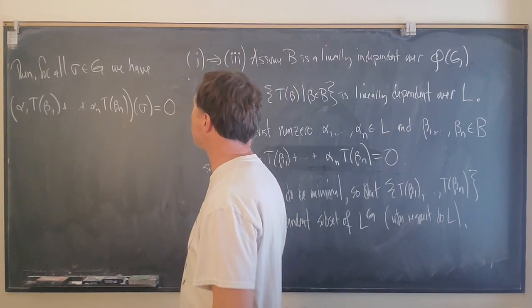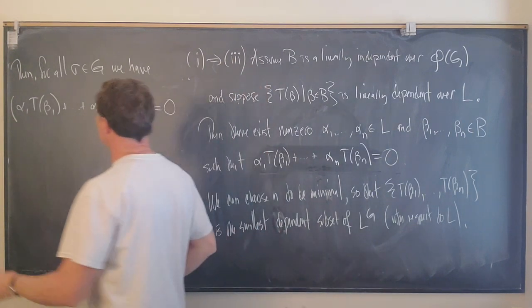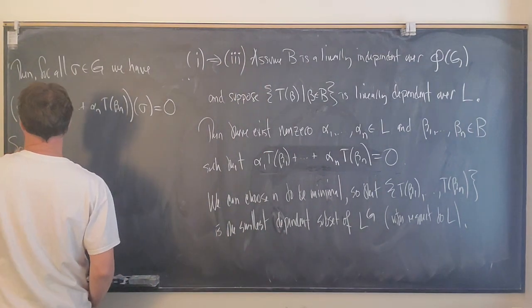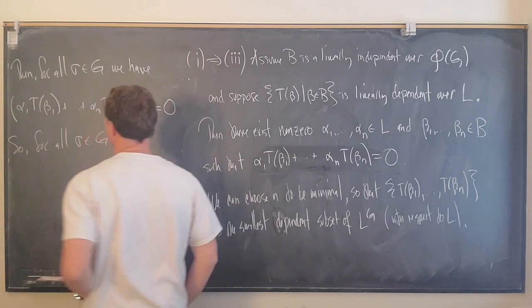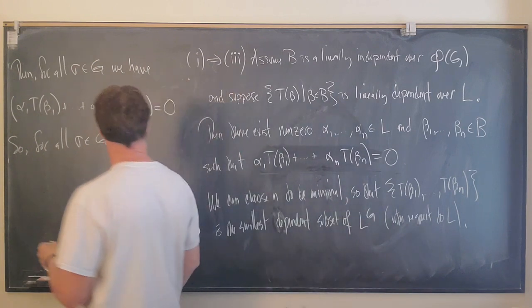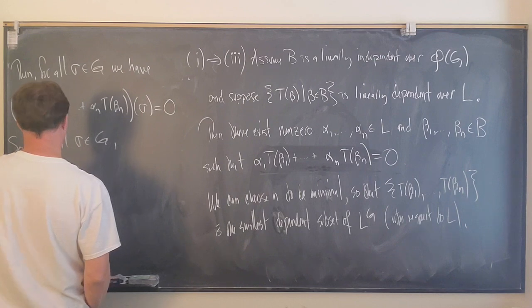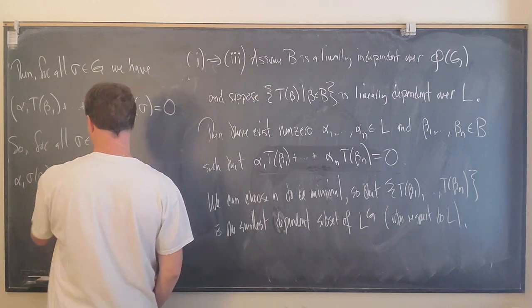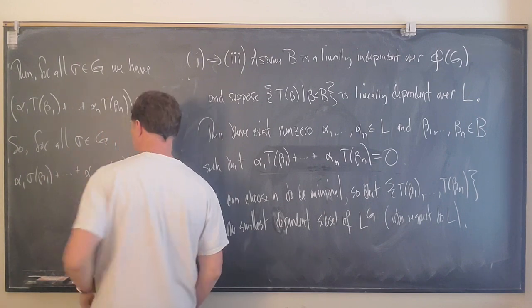So now I'm going to make use of the definition of this T sub beta, and so we can say, for all sigma in G, alpha 1 sigma beta 1 plus dot dot dot alpha n sigma beta n, that's equal to 0.